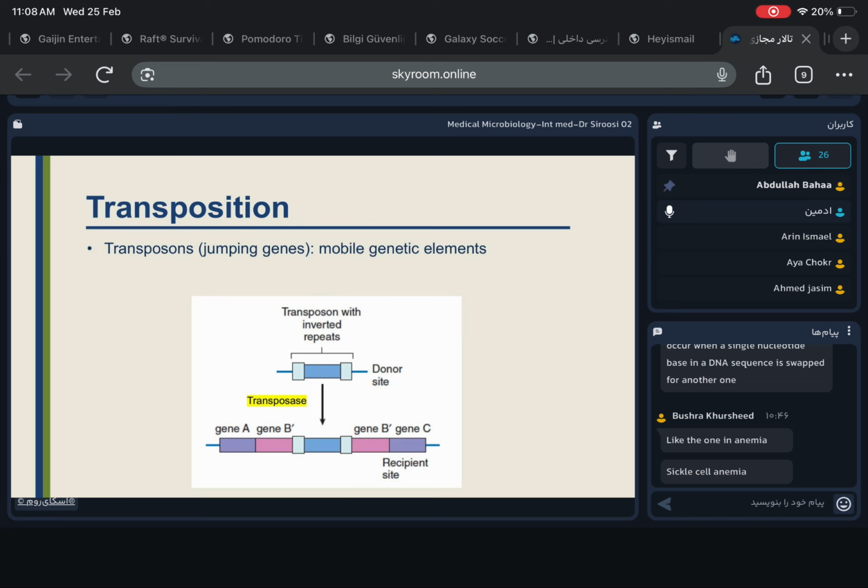Sometimes we have complex transposons. They contain additional genes, and they may contain antibiotic resistance genes. And in that case, they are able to transfer those genes, for example, from a chromosome into a plasmid. And I told you that plasmids can transfer from one bacterium to another.